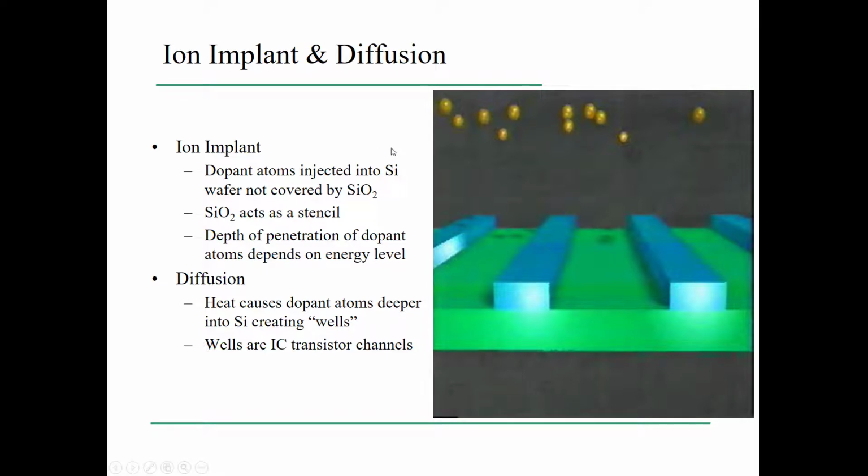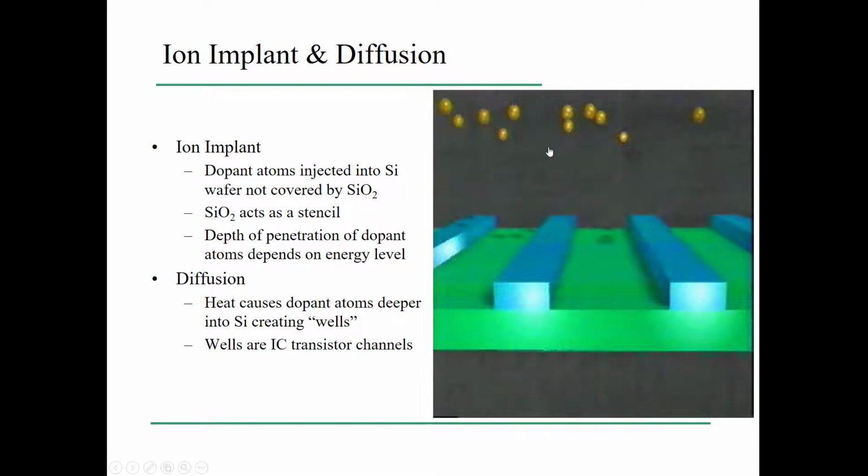Also, the same process would be used to make the regions of the transistor that are called the drain and the source. So you can see these little gold balls, those represent the impurities. So this could either be P-type or N-type ions, and the blue is the silicon dioxide, and the green here is the wafer.